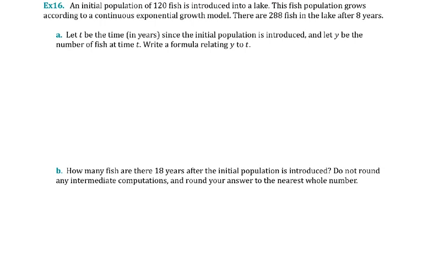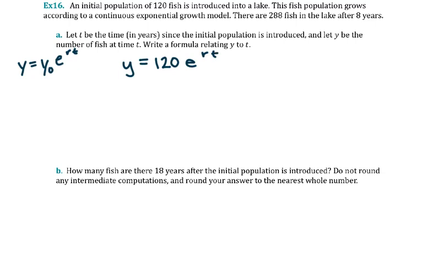So let's write a formula. Because this population is growing according to a continuous exponential growth model, we're using y equals y sub 0 e to the rt. So in this case, we set this up and say y equals 120 e to the rt.